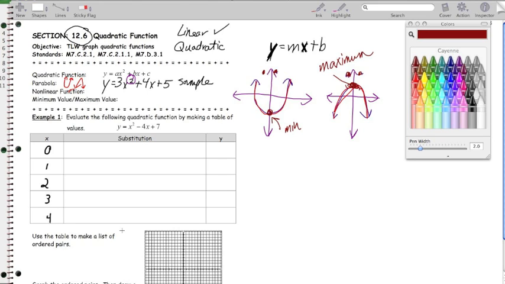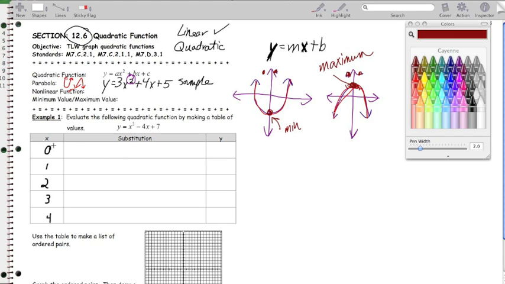In years to come, you're going to learn a whole bunch of special ways to graph it. Because we can't use slope, there is not even an m in there. So there are different ways of graphing these ones, but the nice thing is a t-chart will always work. But I will give you the x values, because if you just choose random ones, it will work, but it's not necessarily going to come out looking like a parabola. So I don't want to cause you any extra stress.